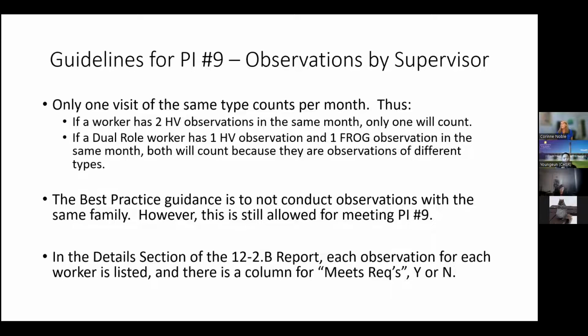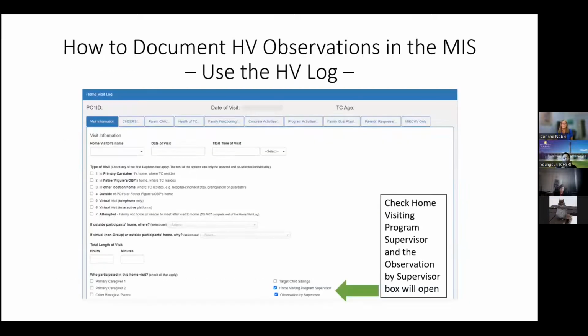How do you make sure that you're counting these, and how do we know that the MIS knows that these observations happened? For the home visits, you go to the home visit log, and on the visit information tab, you have home visiting program supervisor. You click on that and you have observation by supervisor.